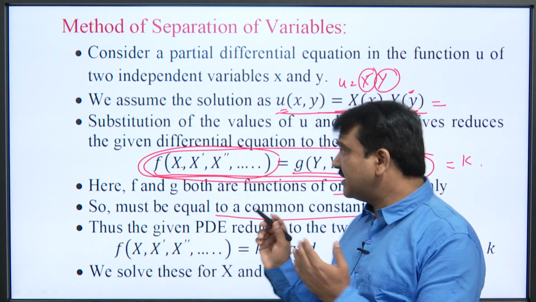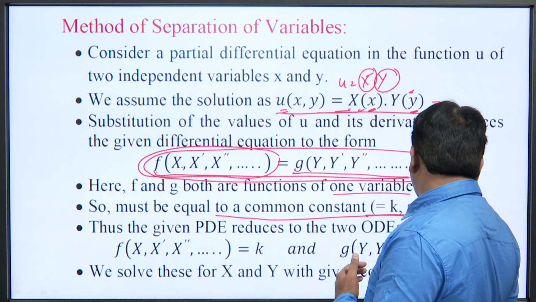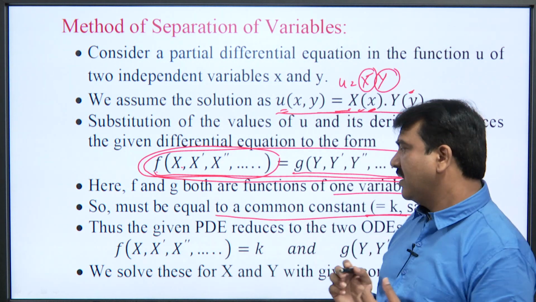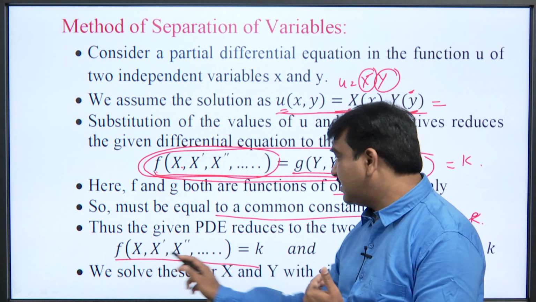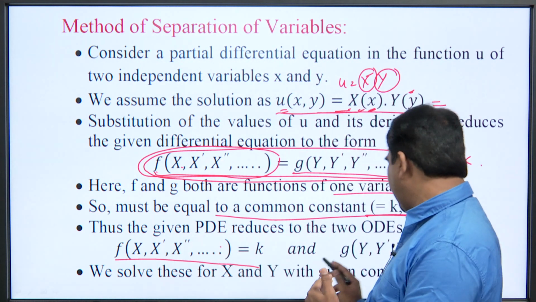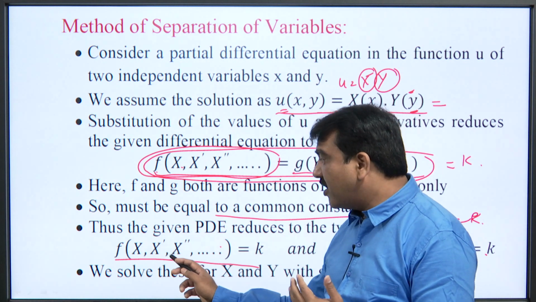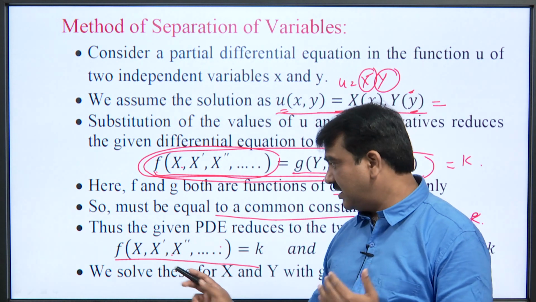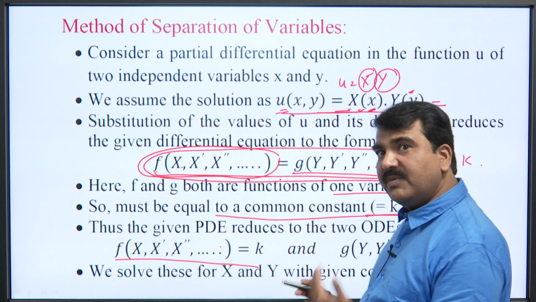So, if we put f equal to k, the given differential equation can be written in this form: f is equal to k and g is equal to k. Now, we can see that this is an ordinary differential equation, and this is also another ordinary differential equation.